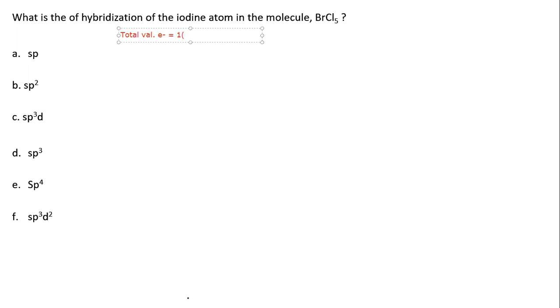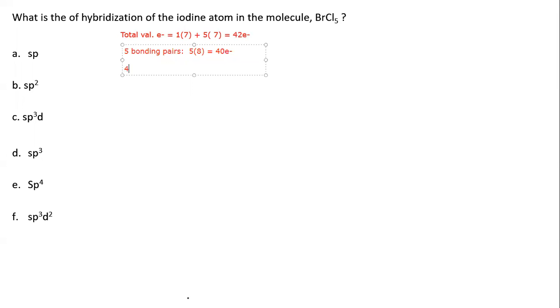We have 1 bromine plus 5 chlorines, total of 42 electrons. Now there are 5 chlorine atoms, so there's going to be 5 bonding pairs. So 5 times 8 equals 40 electrons for those bonding pairs.